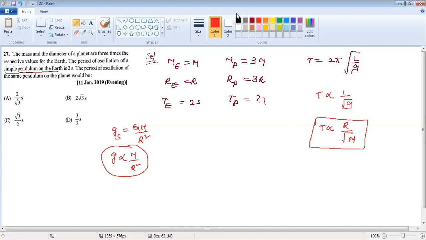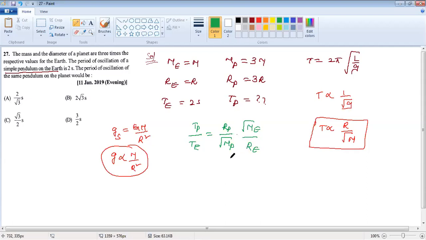Now the time period on the planet by the time period on the earth, we can take as a ratio: radius of the planet under root mass of the planet, into root mass of the earth by radius of the earth.